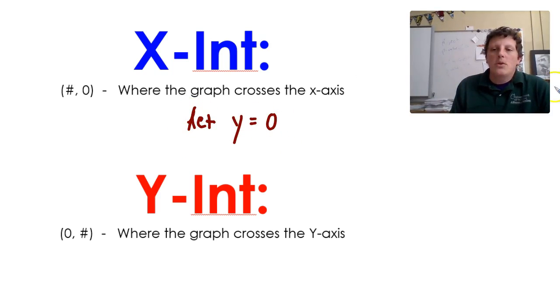On a graph, you'll just look at the graph to see where it crosses the x-axis. The y-intercept is where the function crosses the y-axis, and algebraically you can find it by letting x equal 0 and solving for y. If you have a graph handy, you could just see where the graph crosses the y-axis.